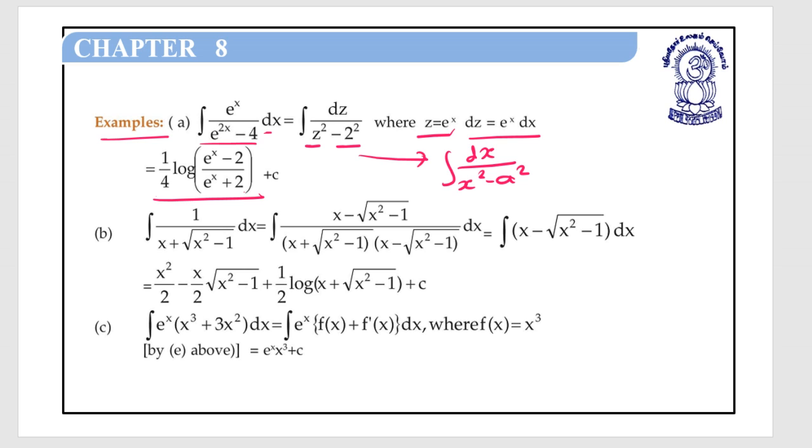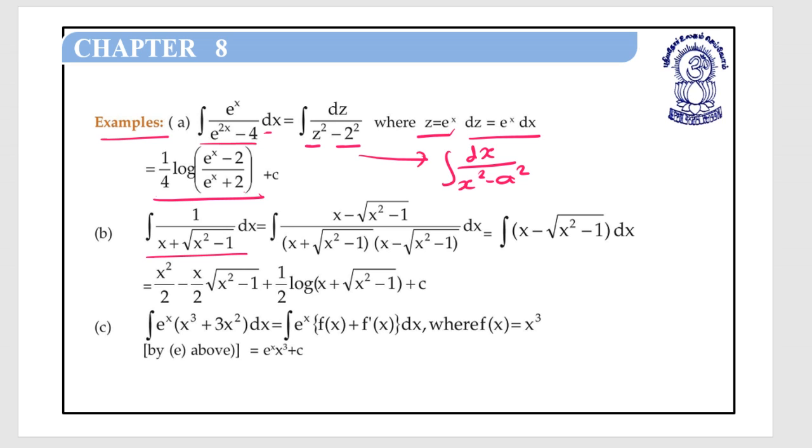Next is b, integration of 1 upon x plus under root x square minus 1 dx. So multiply with x minus under root x square minus 1 in both numerator and denominator.